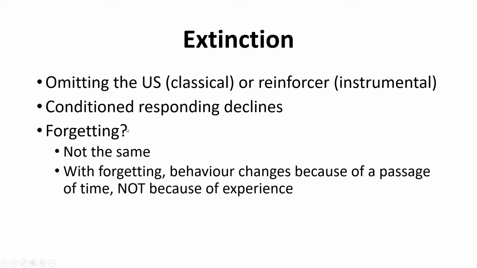Let's go into a little bit more detail about how we can physically do extinction, what's involved in this process. In simplest terms, extinction is just the removal of one of the stimuli that's involved in having that increase in responding occur. So for classical conditioning, extinction would involve repeated presentations of our conditioned stimulus without the unconditioned stimulus present.